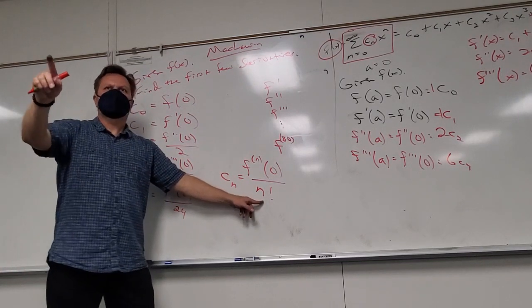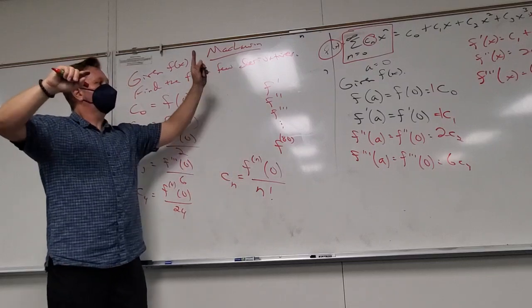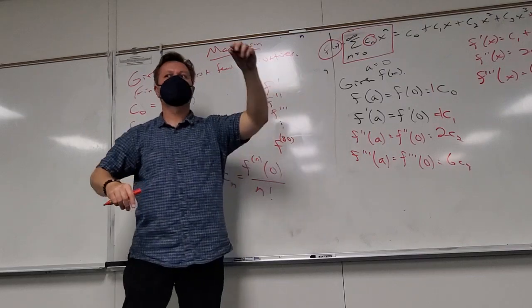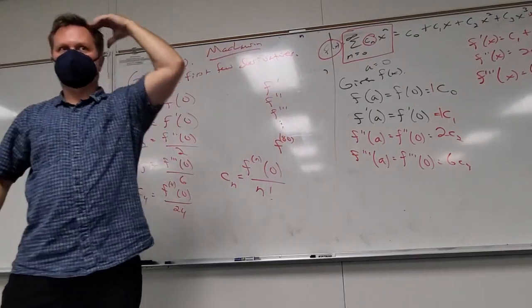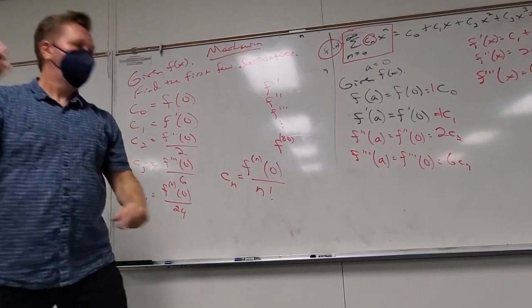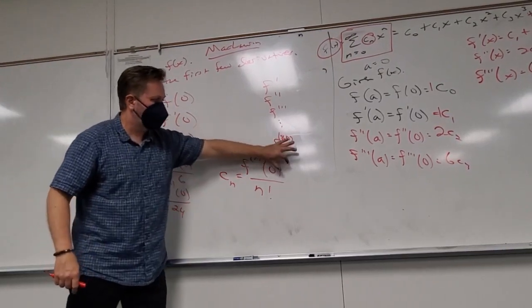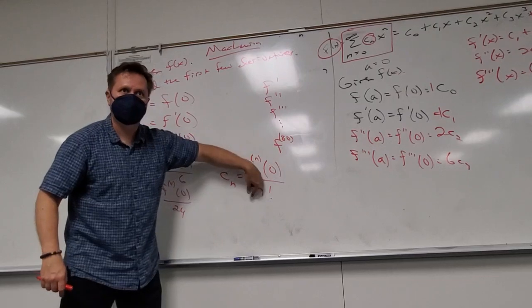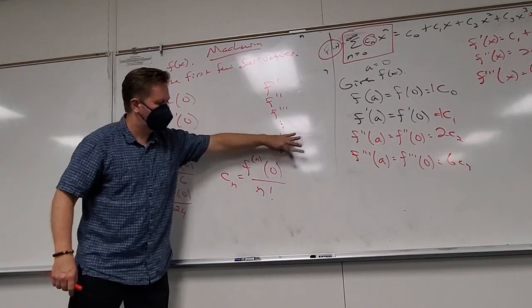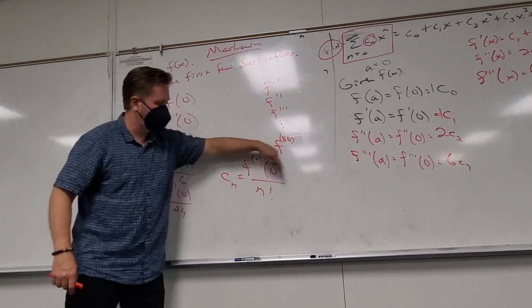I want you to understand, whatever my function is, is it possible that the derivatives of the function itself has an n factorial in it? The answer is yes. So, if this has an n factorial in it, won't those cancel? If f^(n)(0) is equal to n factorial times something, won't the n factorials cancel?